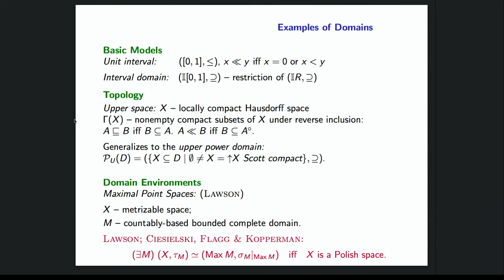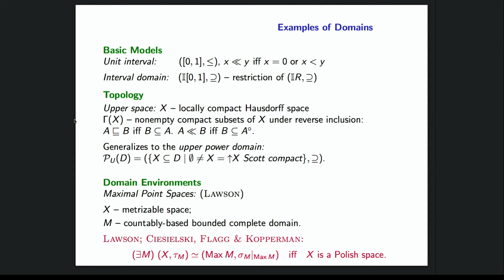So that says that there's a nice way to build domains to represent them in a setting where you actually can do computation, because these bounded complete domains that have a countable basis are built for that kind of modeling.